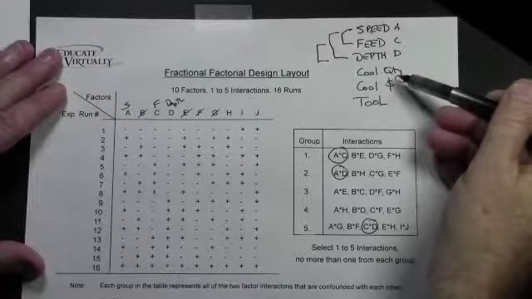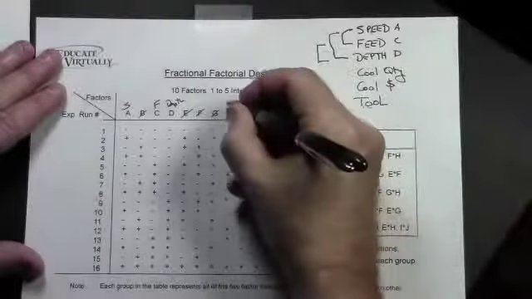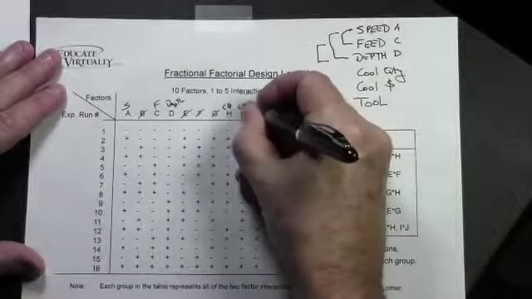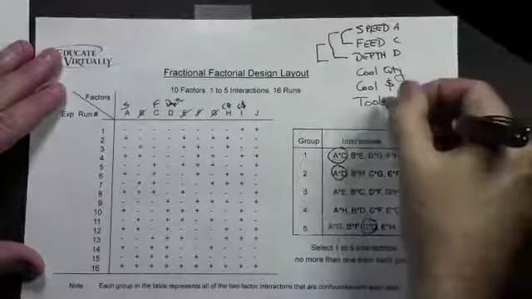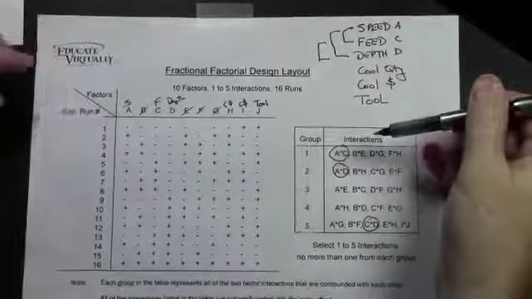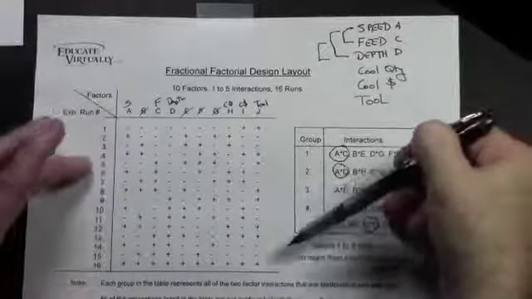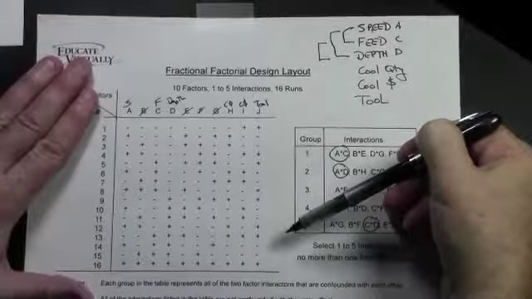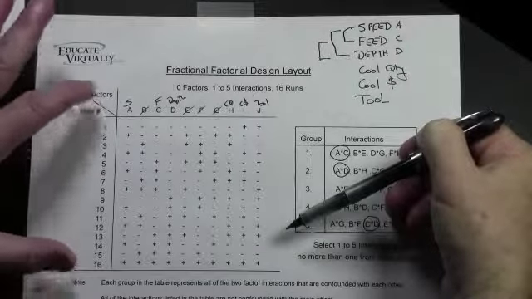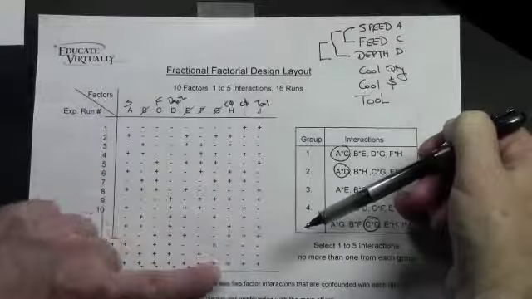And then what I can go ahead and do is, okay, where am I going to put the cooling quantity? I'm going to put the coolant quantity here. I'm going to put the coolant cost in I, and then I'm going to put the tool in J. So now I have assigned my factors to the appropriate columns in the design, and now when I go into Minitab or JMP or SigmaXL, I can select this 16-run experiment, and this is the design standard order.